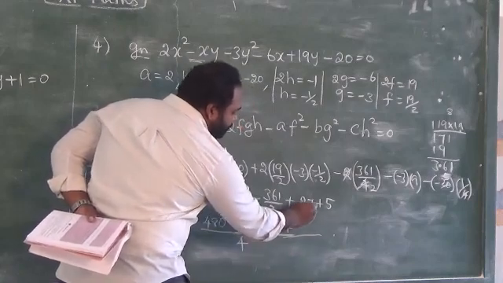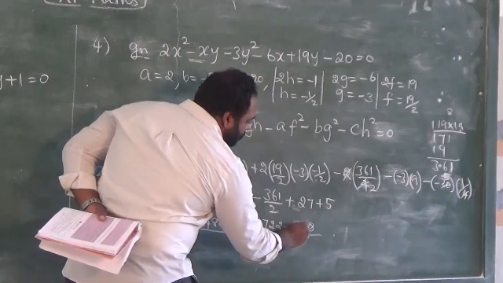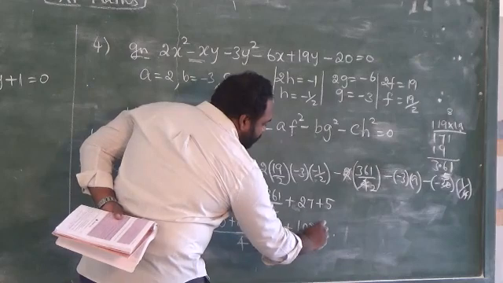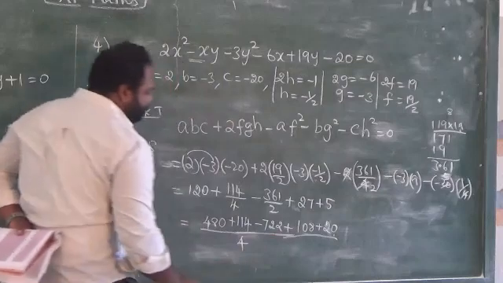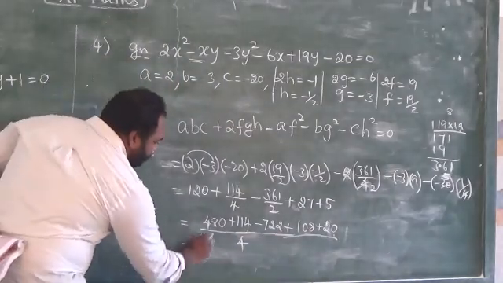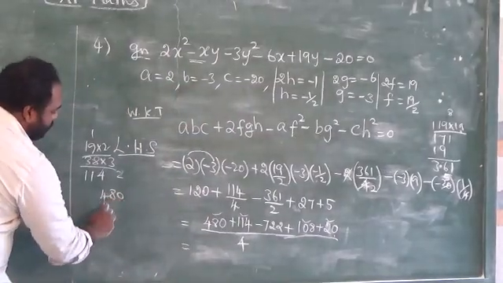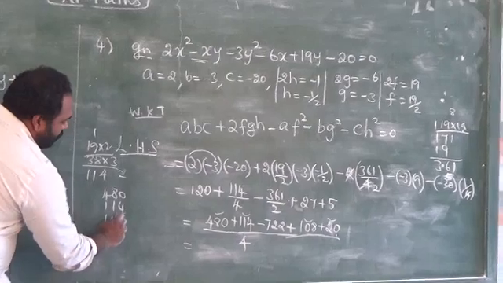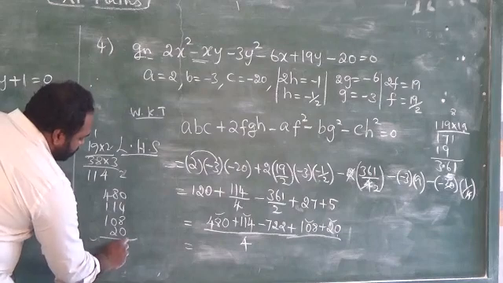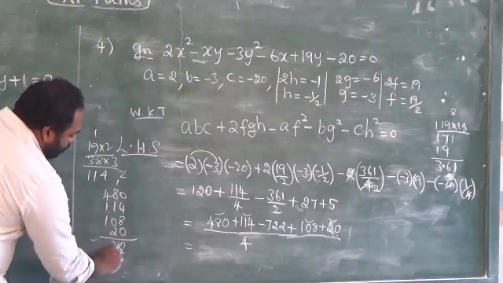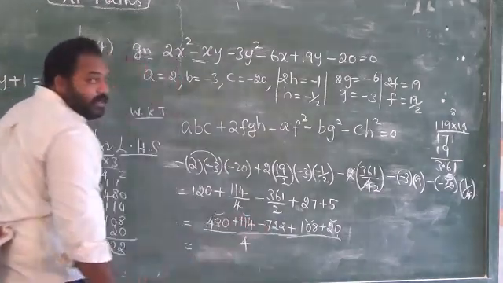Solve, multiply with 4, 108, plus 20. If I add all the positive values, 480, 114, 108, 20, this is 722. 722 minus 722, numerator will be 0.